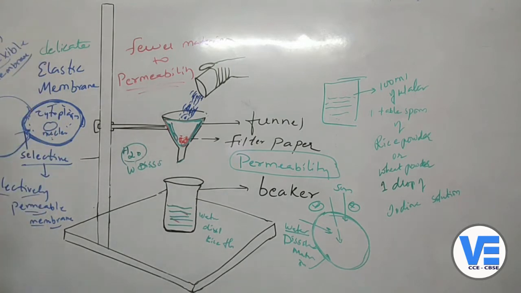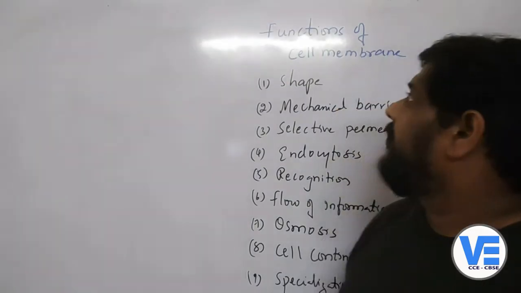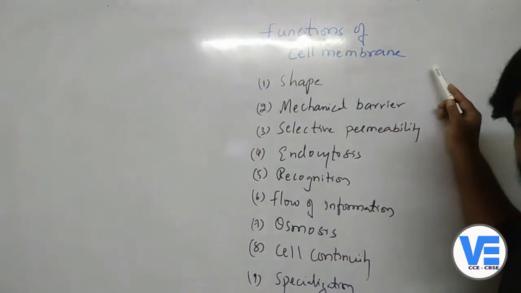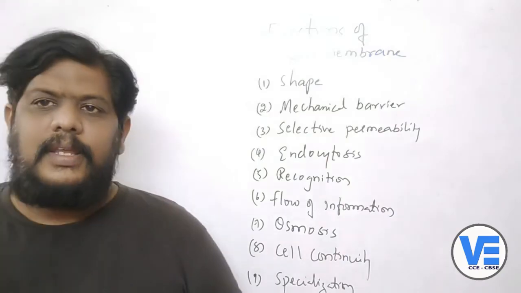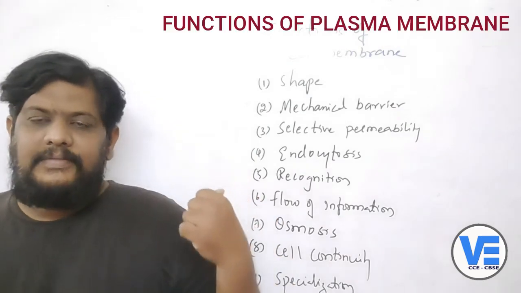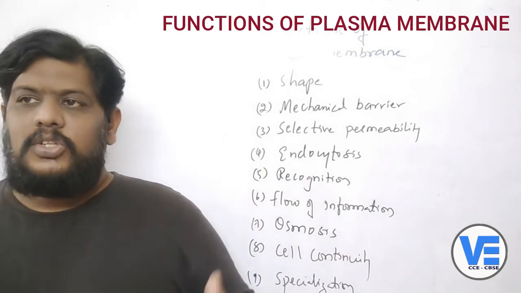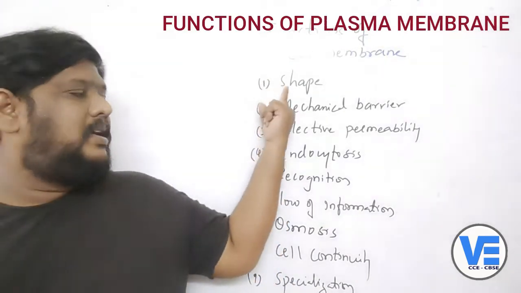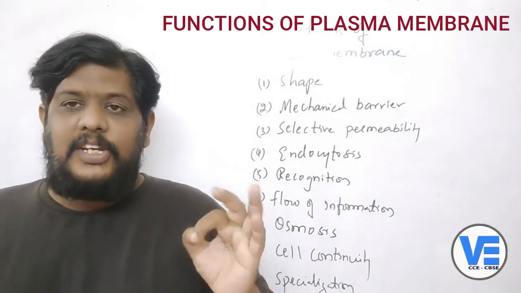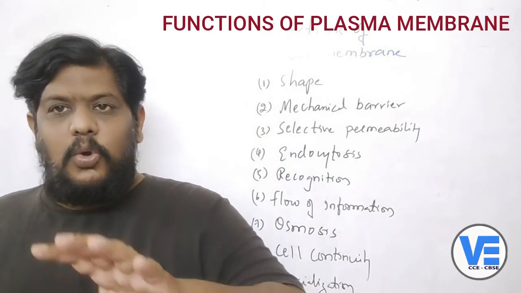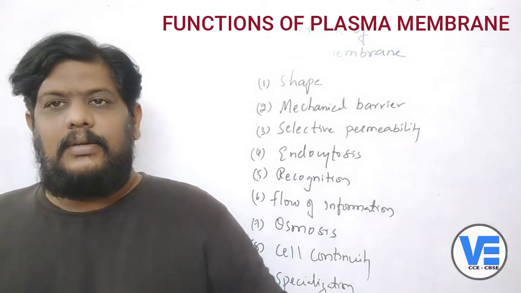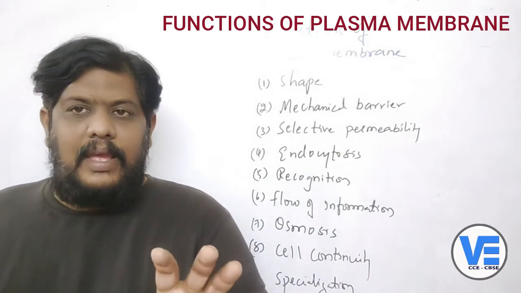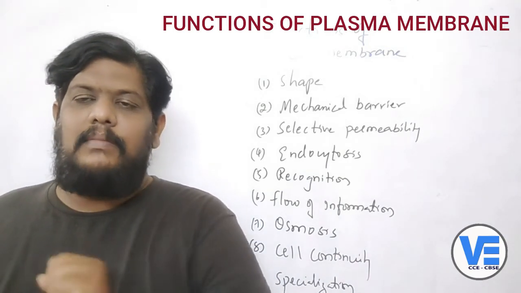Okay, great. Children, here we are going to see some functions of the cell membrane. The first function of the cell membrane is shape. It gives a definite shape to the cell. In the other two units we have studied that each and every cell is not of the same shape and size.